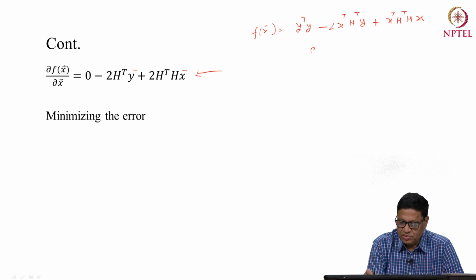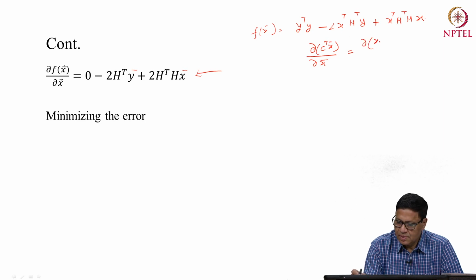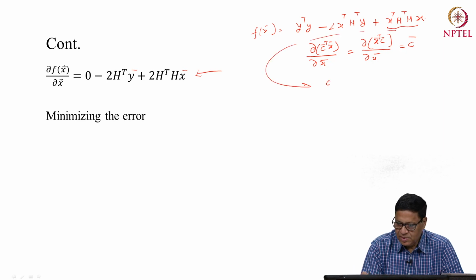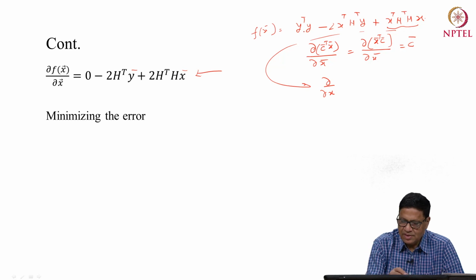Basically I have used c transpose x equal to x transpose c, which is nothing but c. So d by dx of the first term is 0, and the second term is 2H transpose y with respect to x, so this is minus 2H transpose y.